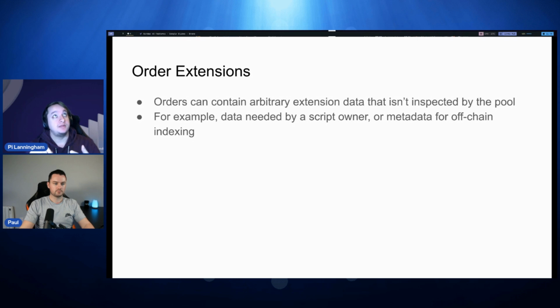Now, we can extend orders with new order types, but obviously the scoopers need to be aware of which contracts are order contracts and which are not. It's not just that anybody can write anything and it executes against the pool. In reality, what will probably happen is somebody, whether it be Sunday Labs or somebody else, will say, hey, we wrote this new order contract, and they will present it to the DAO and ask, will you vote to make this one of the approved order types?